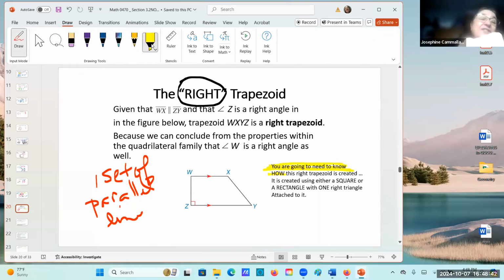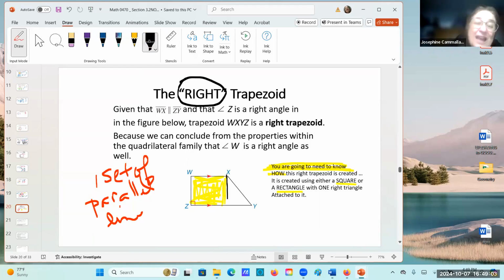You are going to have to know that here, where I'm highlighting in yellow, is either going to be a square or a rectangle.